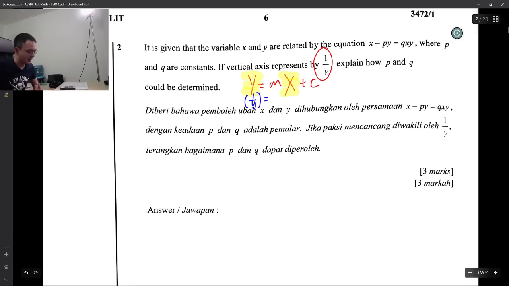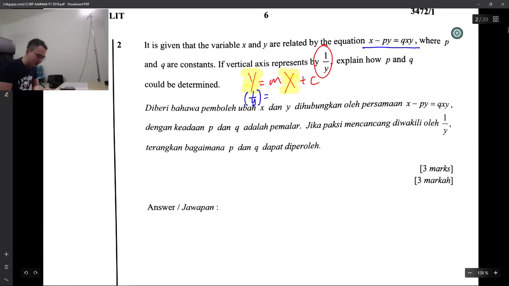So I want to make 1 over y the subject of this equation. Therefore, I have x minus py equals qxy. In order to have 1 over y here, my first logic is maybe to divide the whole equation by y, because I see there's a y in both terms.